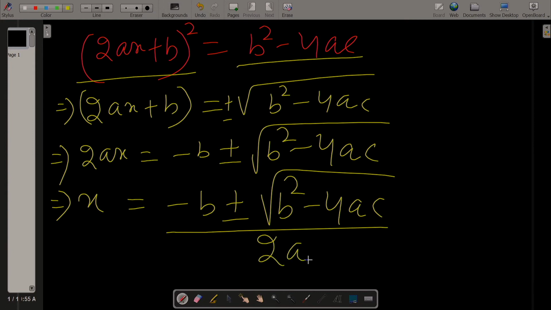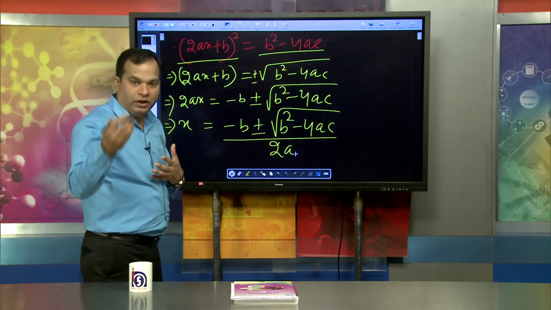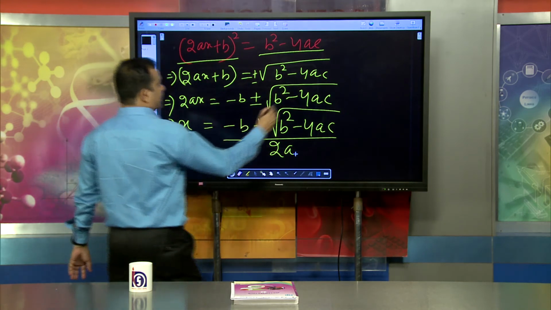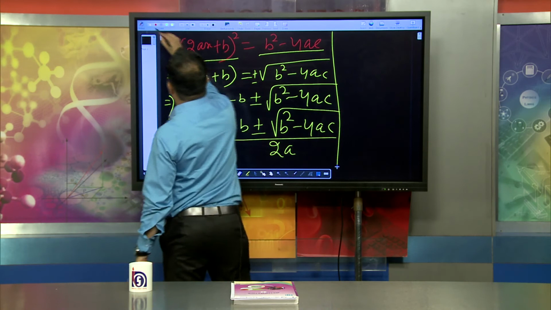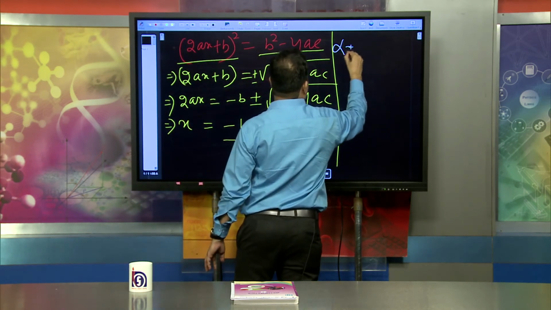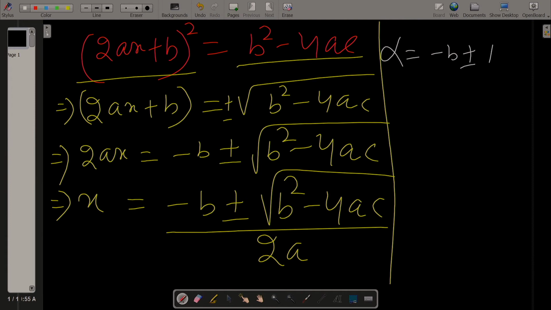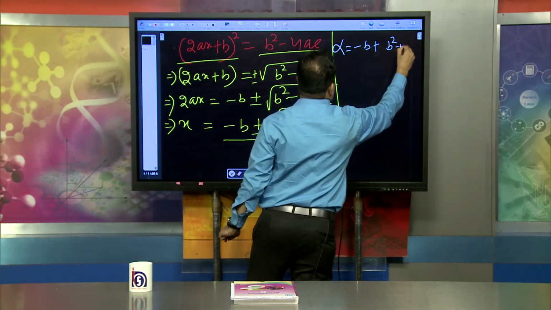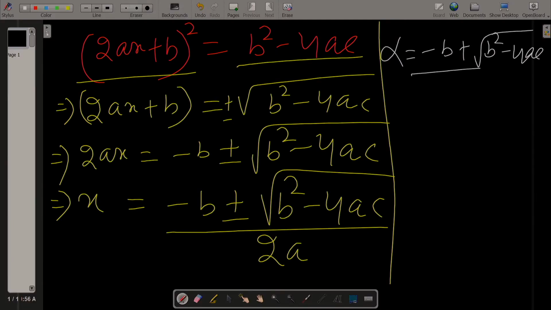This is the value of x, and we know that there are two solutions. Suppose alpha is one of the solutions. We take the positive part, so alpha equal to minus b plus the square root of b square minus 4ac, divided by 2a.